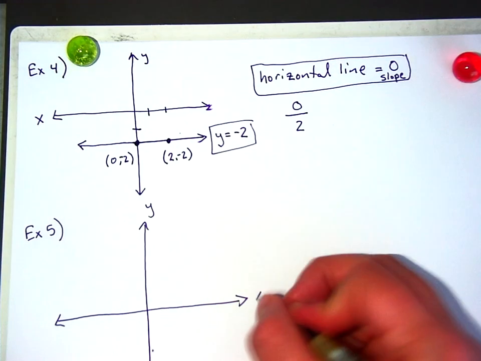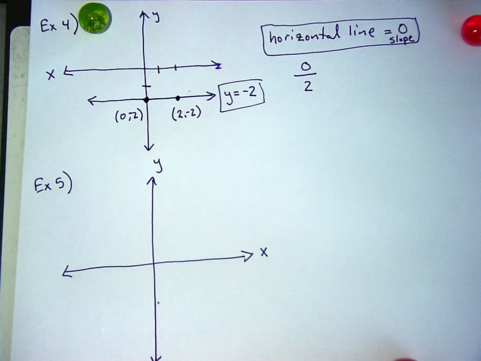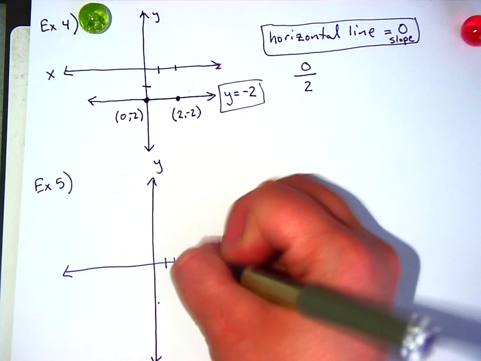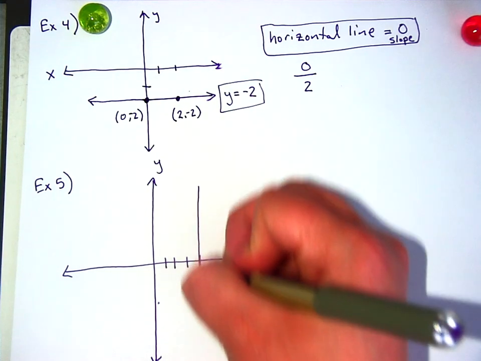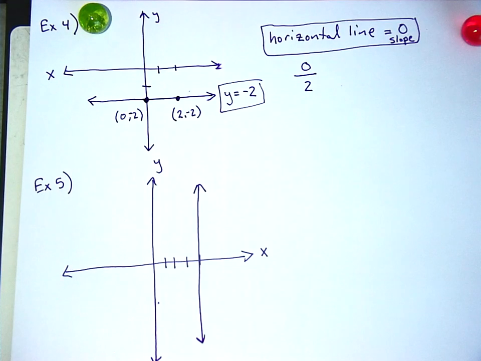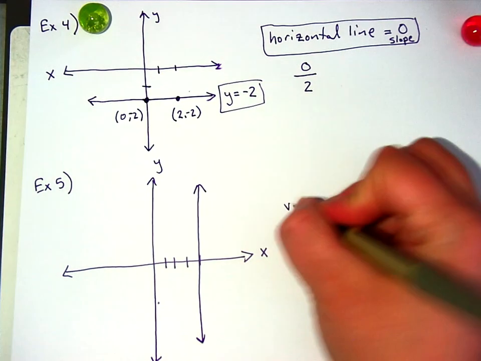What do you think I'm doing this time? A vertical line, yep. I'm going to go over to, I don't know, 4. Make a vertical line up and down. This is a vertical line.